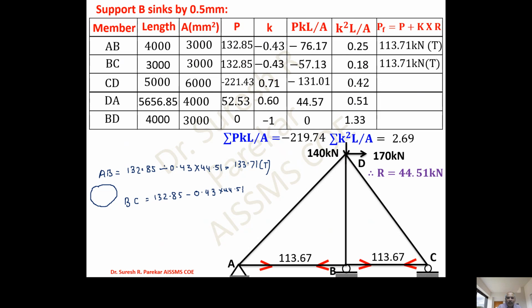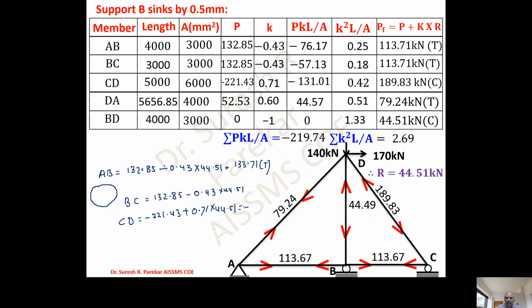Then go to CD. CD we have minus 221.43, because we have K plus into 44.51, we will get it as minus. So we have written it as compression. Similarly, we can find for DA, and similarly we can find for BD.